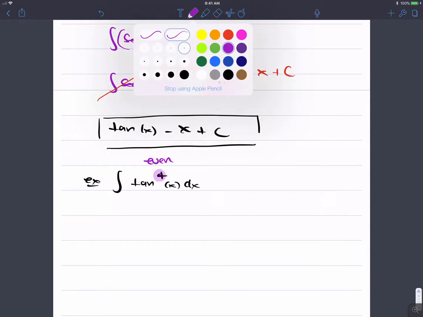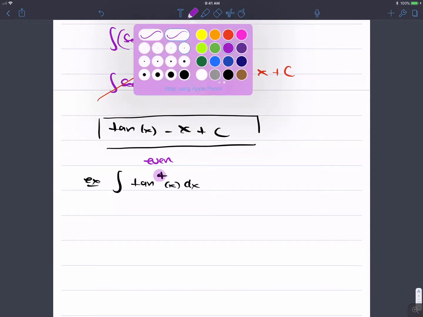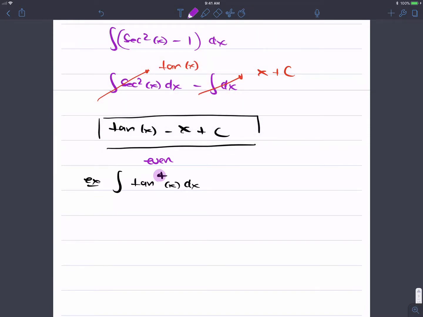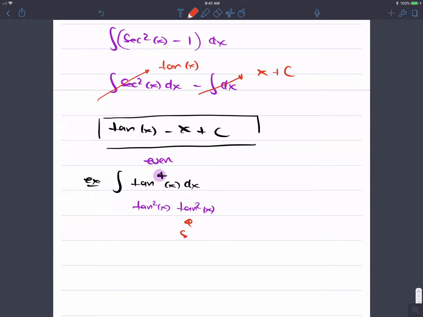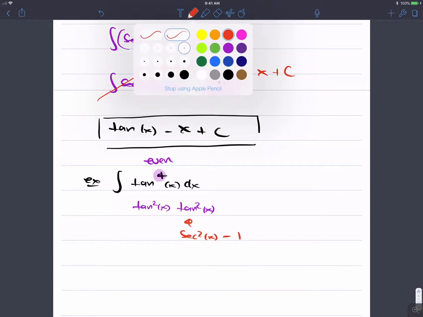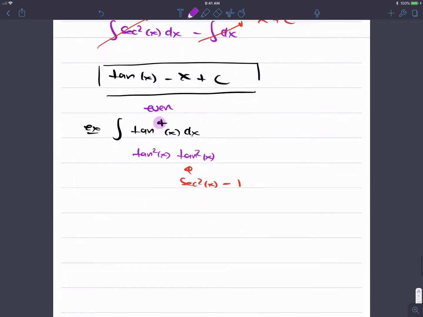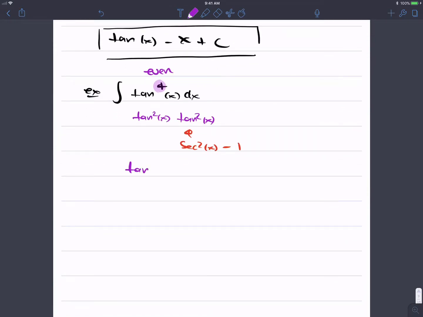As you guess, we may want to write our tangent to the fourth as tangent squared, tangent squared. Using the Pythagorean identity, we replace one of them with secant squared x minus 1. So altogether you end up with tangent squared times secant squared minus 1.